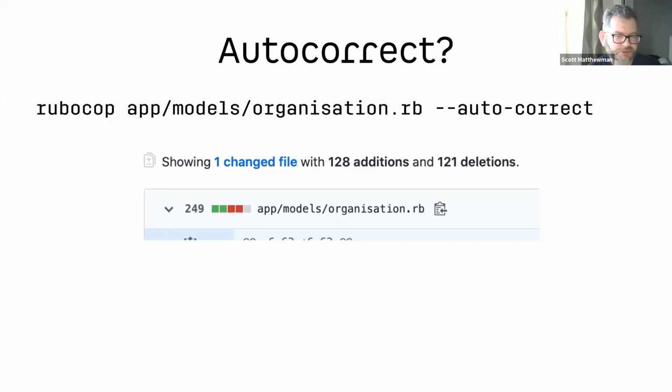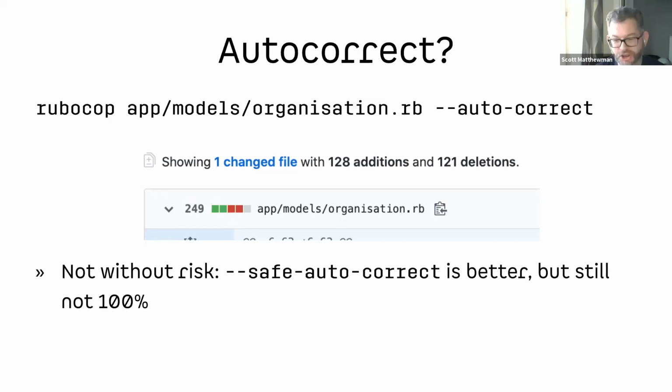But the trouble with autocorrect is that it can introduce side effects. Not all the cops are absolutely 100% reliable. There is a safe autocorrect, which is supposed to only apply autocorrect from cops that are trusted. But even then, it's still not 100%. With every release of RuboCop, you'll get cops that used to be thought safe that aren't.